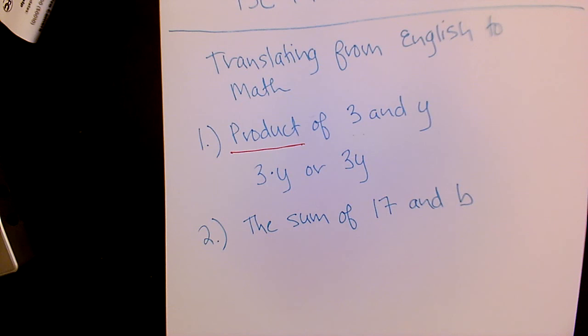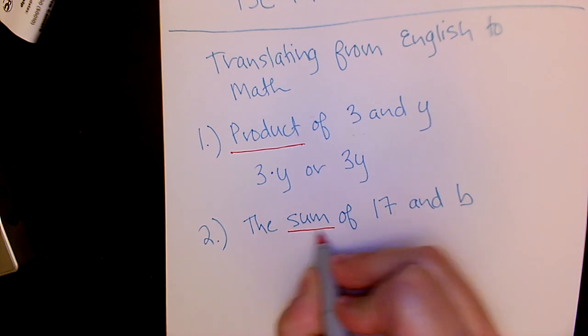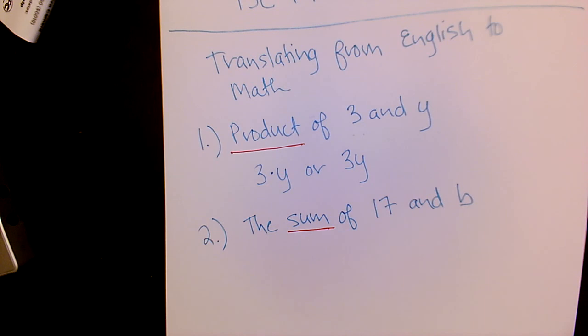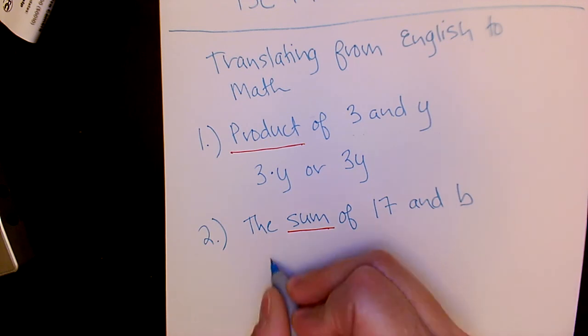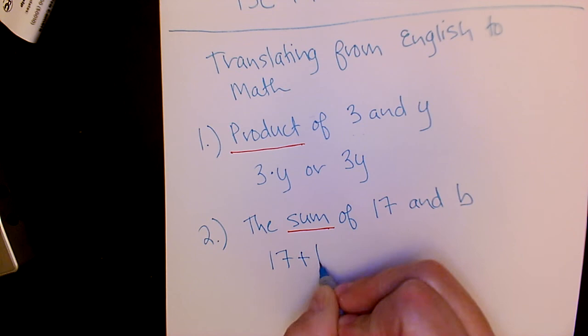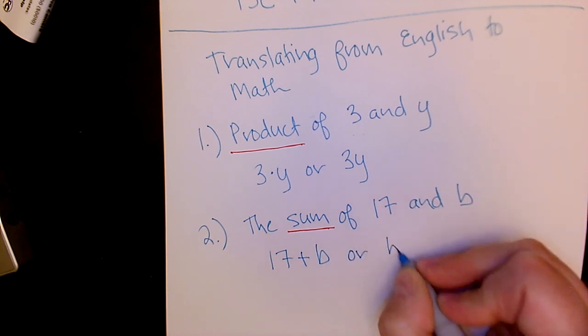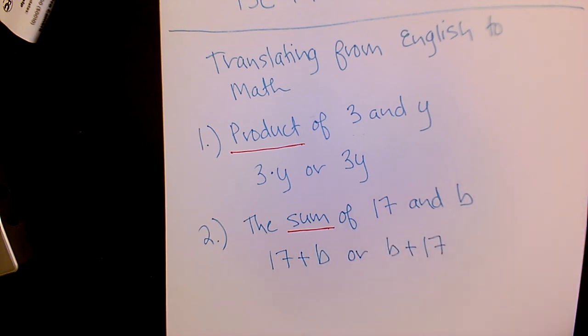Okay, I want to write in math the sum of 17 and b. So the key word here is sum. What does sum mean to do? Add together. So the sum of 17 and b would just be 17 plus b, or if you want to write b plus 17, either one is good.